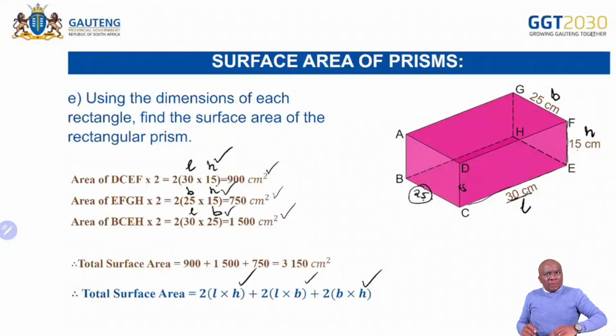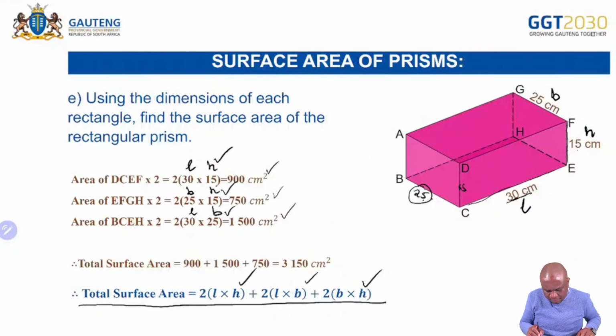You see that? And then this is our formula. If you have your length, you have your breadth, you have your height, you can find the total surface area by just using this formula. But I wanted you to understand so that when you get a rectangular prism, which they'll say is open at the top, you know what to do. And it becomes very easy to understand, isn't it?